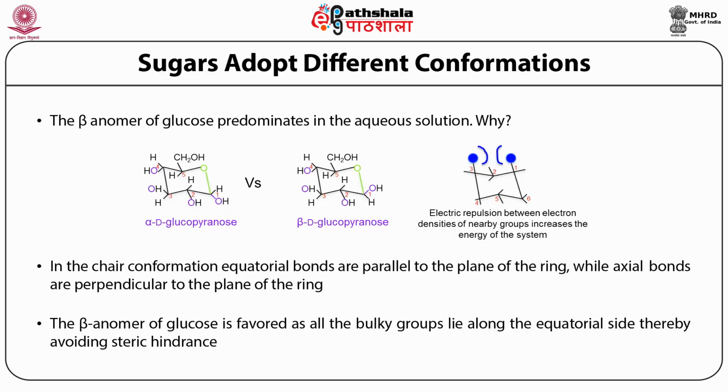Hence the beta anomer of glucose is favored because all the bulky hydroxyl groups lie along the equatorial side. And so at equilibrium, when glucose solution mutarotates, the predominant form that you will find in an aqueous solution of D-glucose would be beta D-glucopyranose because it's a more stable structure.